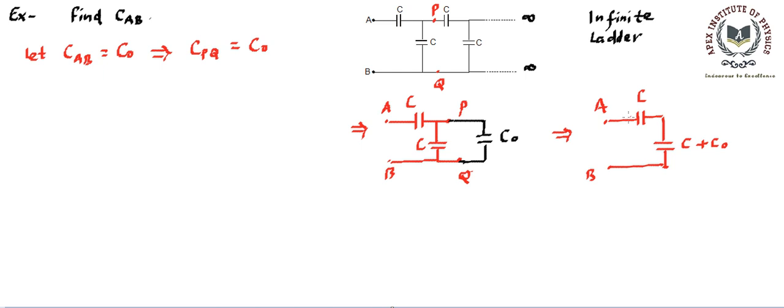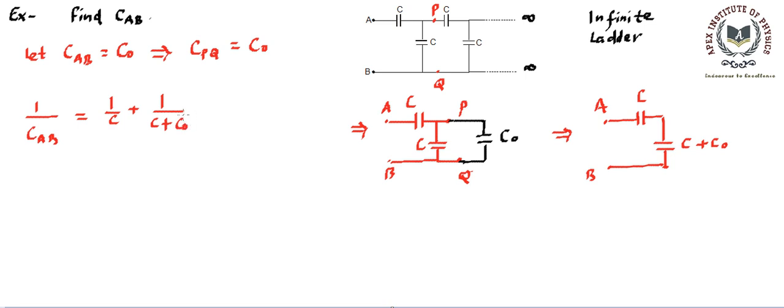Hence finally we find these two capacitors are in series. So 1 upon CAB, the equivalent we are looking for, is going to be 1 upon C plus 1 upon C plus C naught.